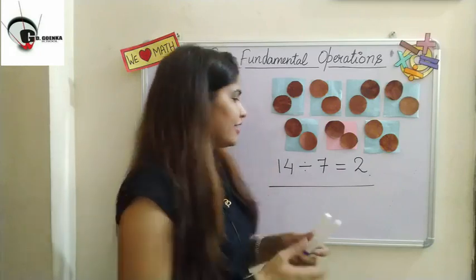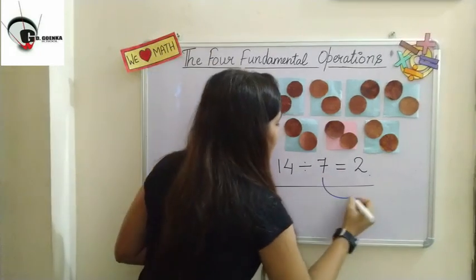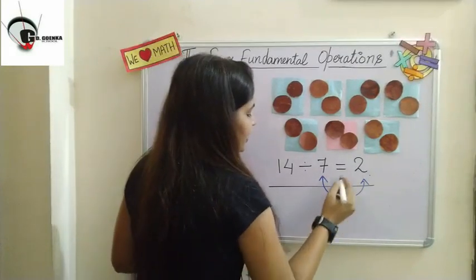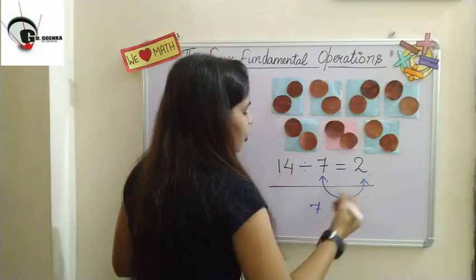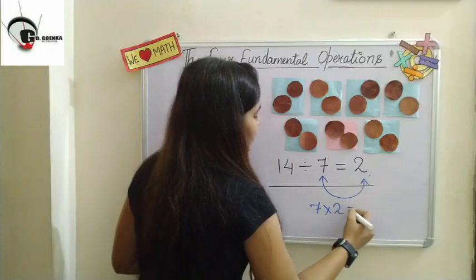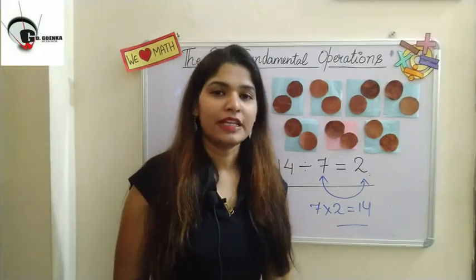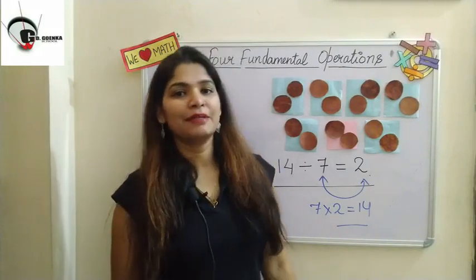And we can say it like, 7 times 2 will be 14. So division can also be known as backward multiplication.